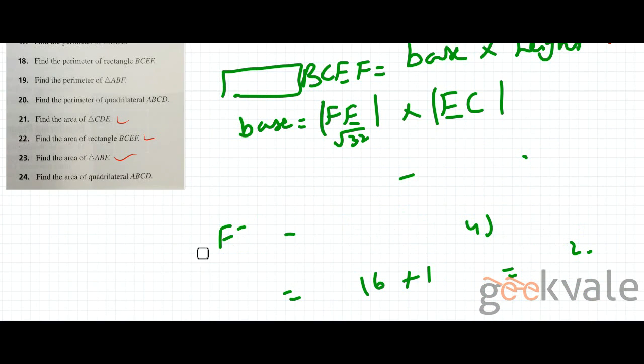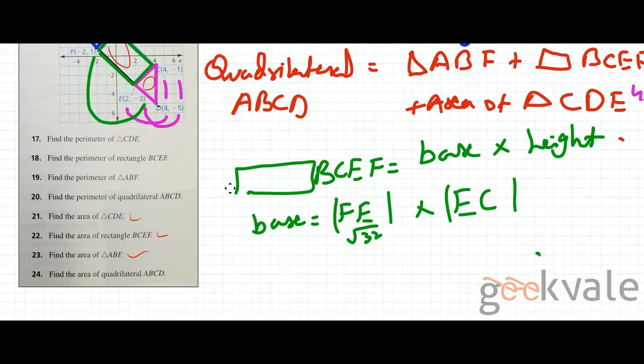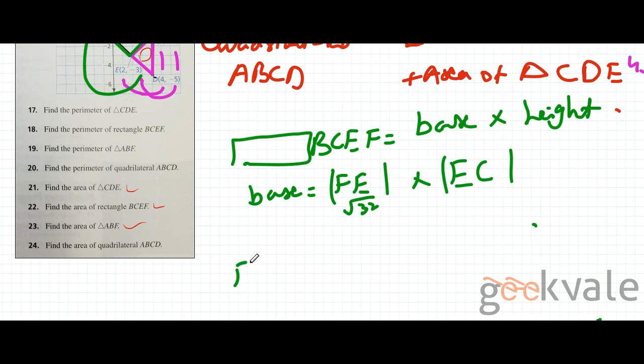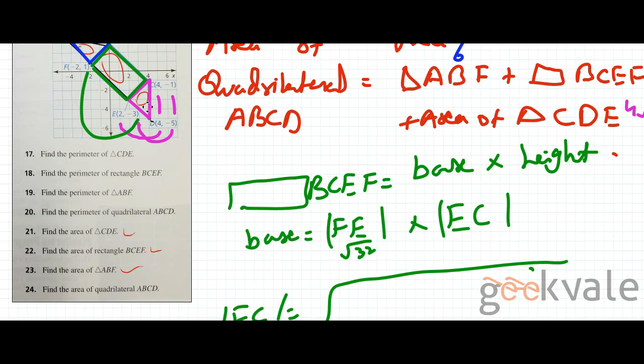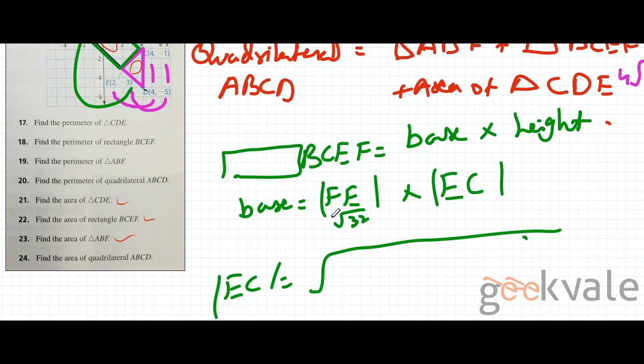The second thing that we need is the height, which is the distance EC. We have already calculated that, but we're going to calculate that again for this bit. Okay, EC distance again. x2 minus x1 will be 4 take away 2 whole square plus y2 minus y1, minus 1 minus minus 3 whole square.